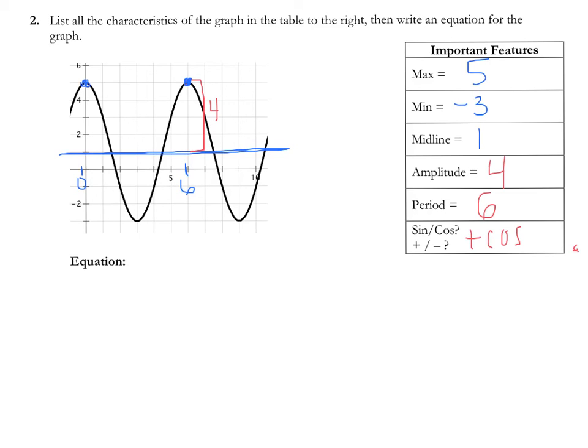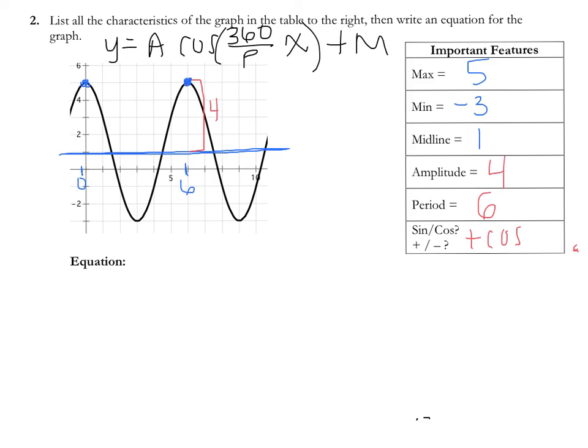So now let's put all this information together into an equation. So again, on your reference sheet, you have the general cosine equation. So it looks like y equals a times cosine of 360 over the period times x plus the midline.